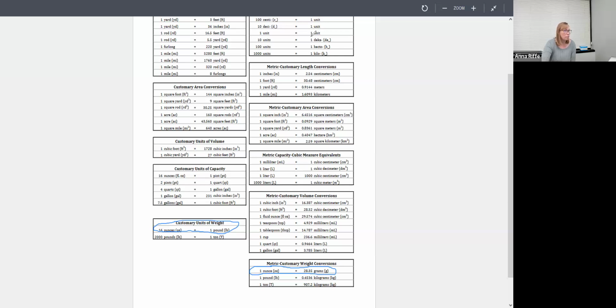Another option would be, we can see here that we have pounds to kilograms. And we certainly do know how to go from grams to kilograms.